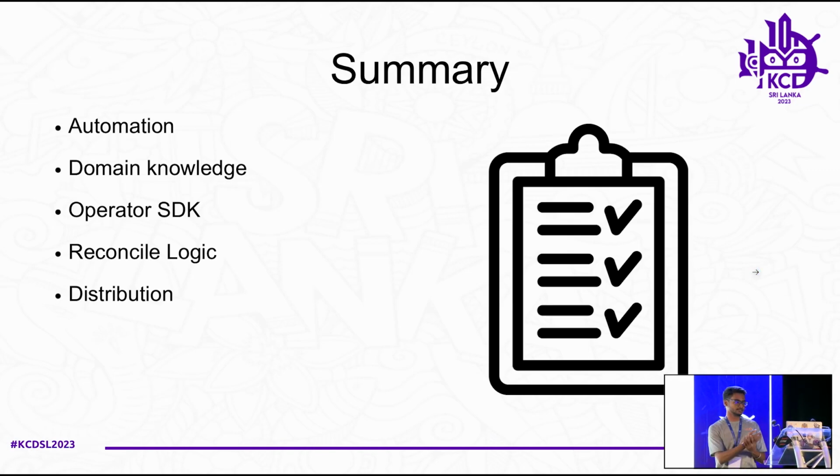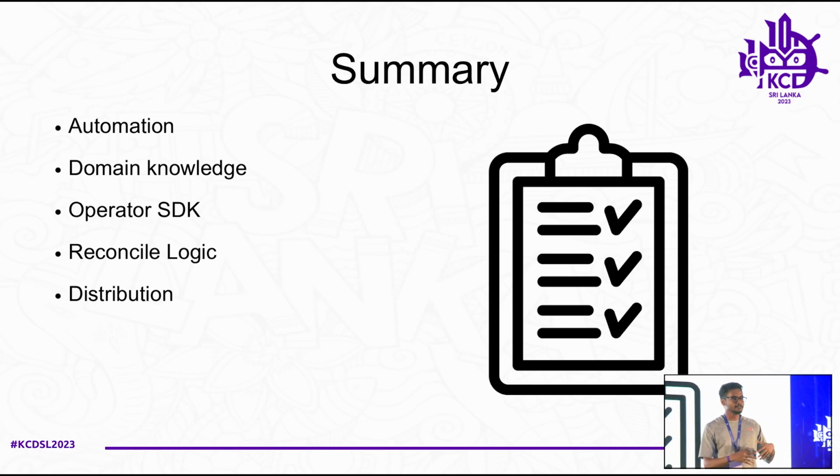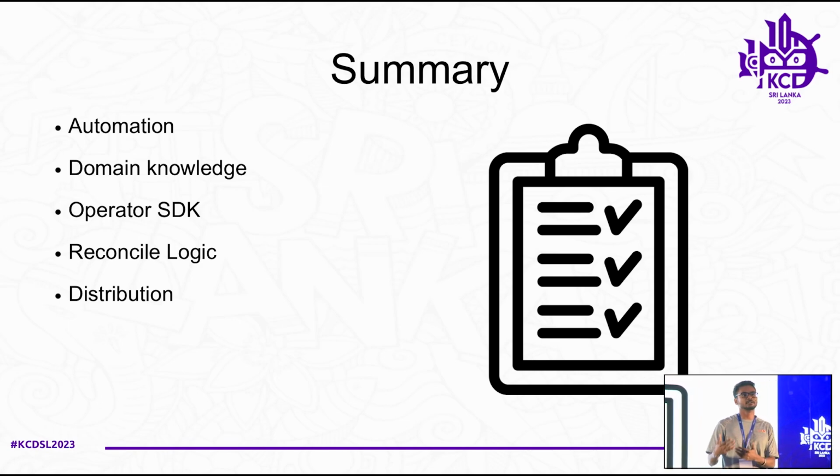Okay, summary before we are concluding. Kubernetes is very complex. We know it has an API server and all other good components. But when it comes to enterprise applications, they may have their own set of complex requirements that are better offloaded into some automation tool like a Kubernetes operator.